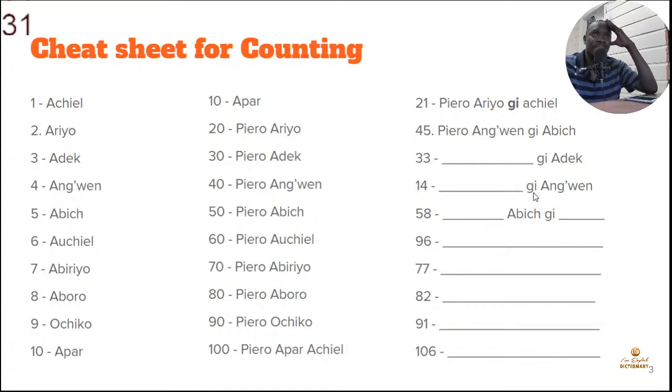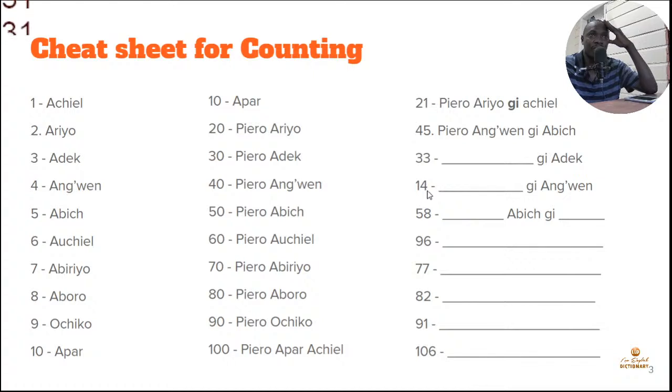Now, if you're watching, you can comment on 14. Remember 14 becomes 10 and 4. 10 is apar. So 14 would be apar, gi, ang'wen. Why? Because it's 10 and 4.